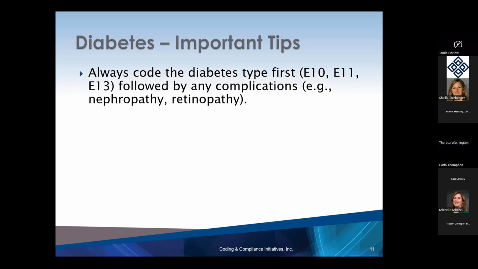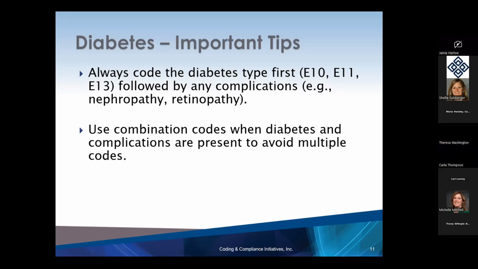Always code the type of diabetic. So is it type 1? Is it type 2? Is it secondary to something else? Always include the complication if there are complications. Those should be secondary. Make sure that if there is a specific complication, you're using the combined code, diabetes with neuropathy.